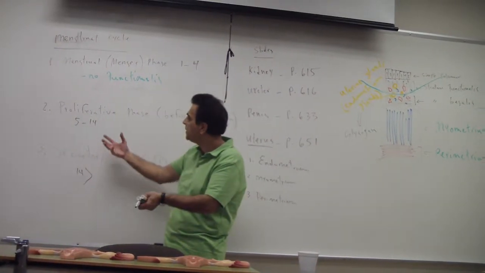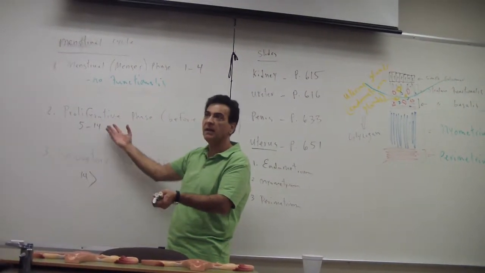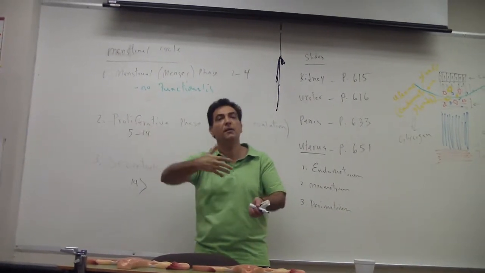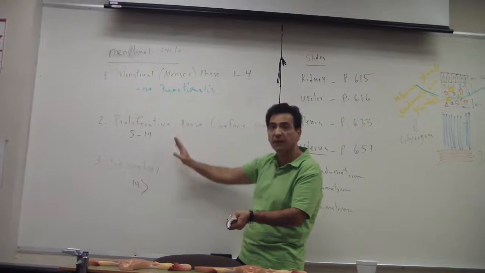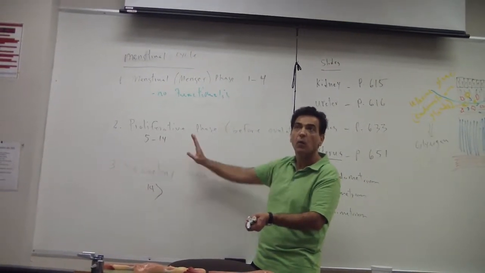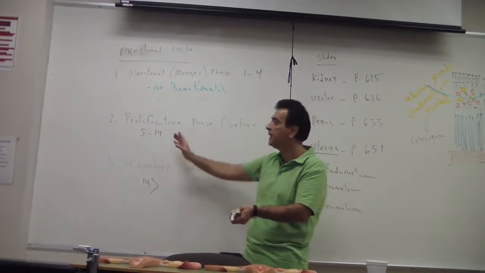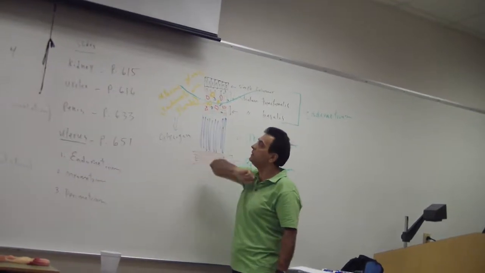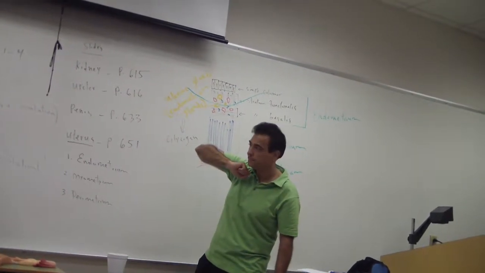Now, how do we differentiate when we look through the slide? How can we differentiate between the proliferative phase and the secretory phase? Because in both of these, we see the functionalis, we see the endometrium, we see the myometrium, of course, we see the peritoneum. But how do we differentiate between these two phases? One of the landmarks to separate the proliferative phase from the secretory phase is that you look at those endometrium glands, or the uterine glands.